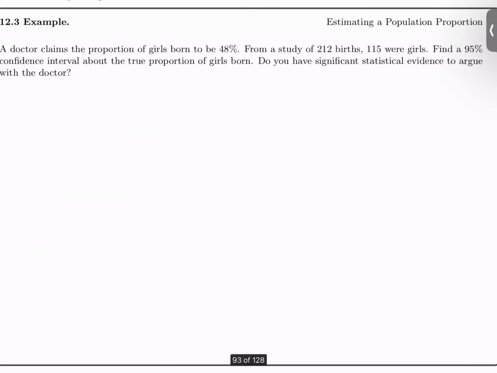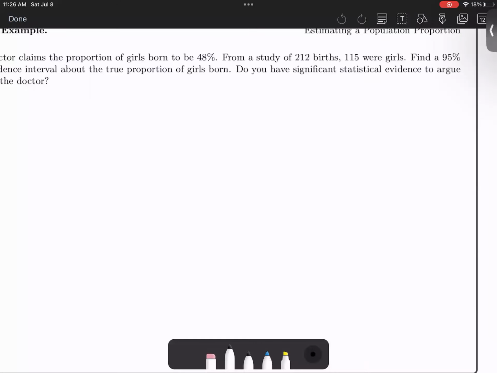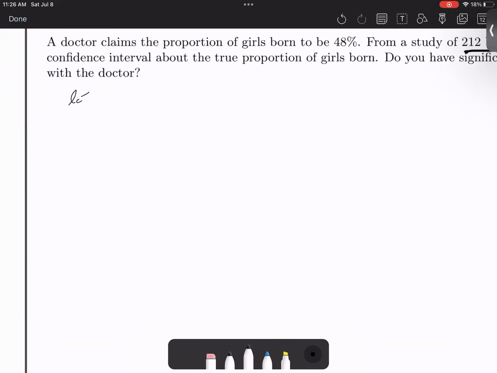So we're taking our sample value, 115 out of 212. In fact, let's start there. Let's define some terms. Let P be the proportion of girls. Right, this is what we're trying to estimate.